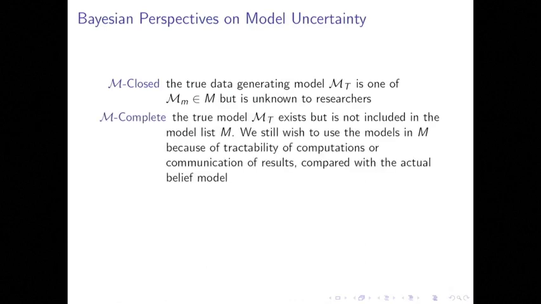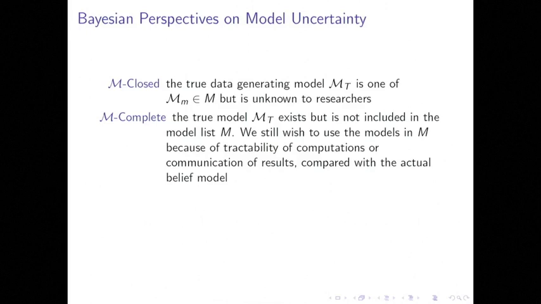Now, M-incomplete is another viewpoint, where there is a true model, just like there might be a Santa Claus, but it's not included in the model list M. So we have a list of other models that we would like to use, but the true model is actually not going to be one of those. These other models might be proxies for the truth.